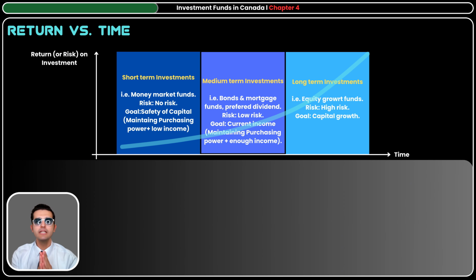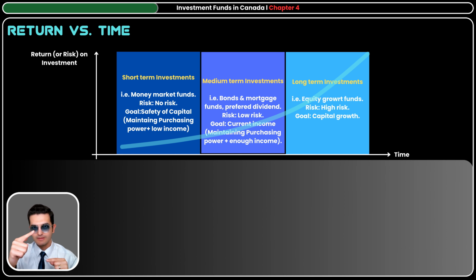What's the primary goal of long-term investments? Capital gains. Let's say you buy stock today at $10, okay? You will sell that stock in 10 years. Let's say in 10 years, your stock's price is $300.